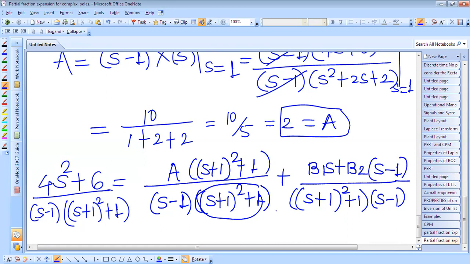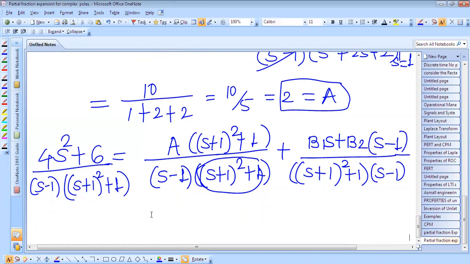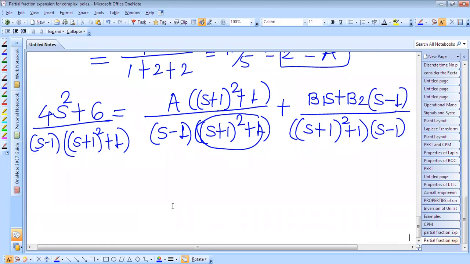Now we can say the equation has got the common denominator. Now we can equate the numerators of both sides of this equation. So 4s square plus 6 is equal to a times (s plus 1) square plus 1, and the value we have got for a is 2. So put the value of a as 2 here.